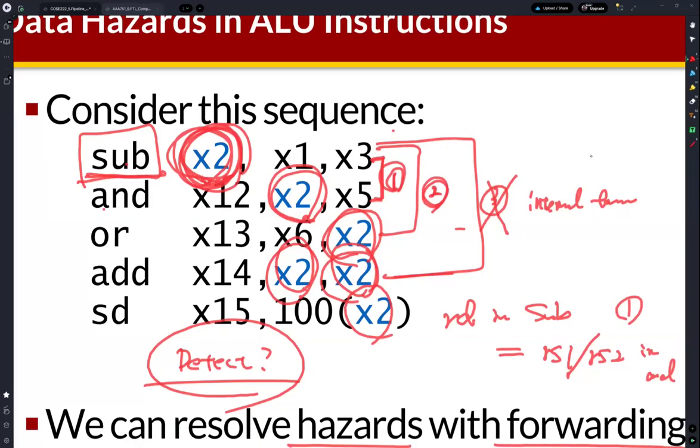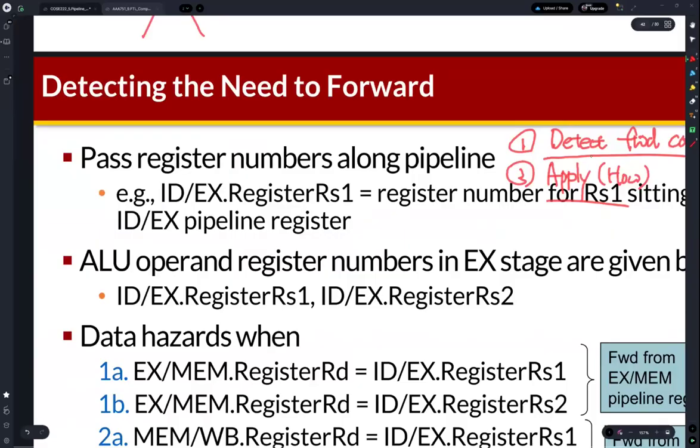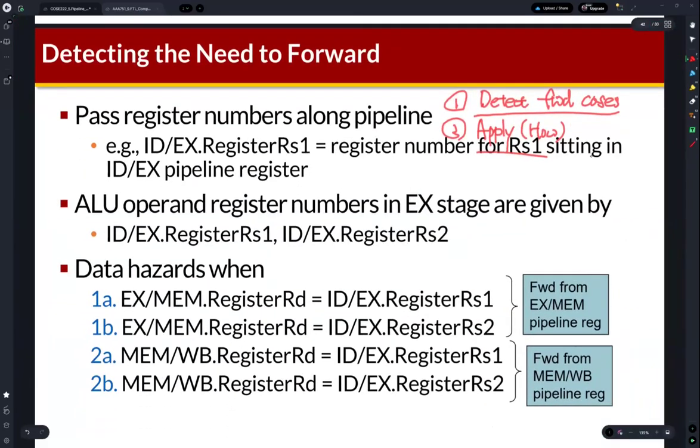So this is the first case. What is the second case? RD in sub is equal to RS1 or RS2 in the OR instruction. Obviously, we need to check the RD of the former instruction and RS1 and RS2 of the following instructions, right?